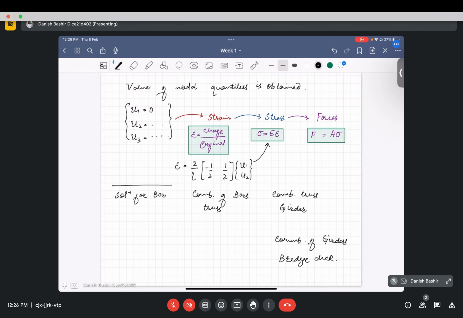You see how, starting from a simple thing, we arrived at an actual engineering problem.